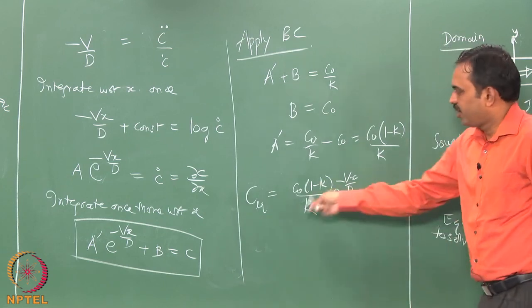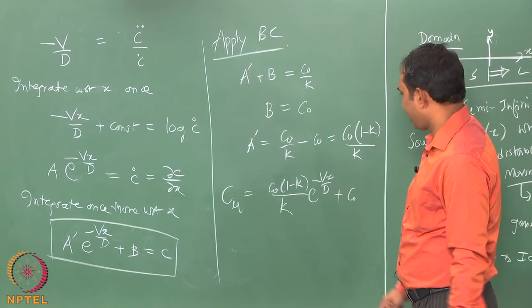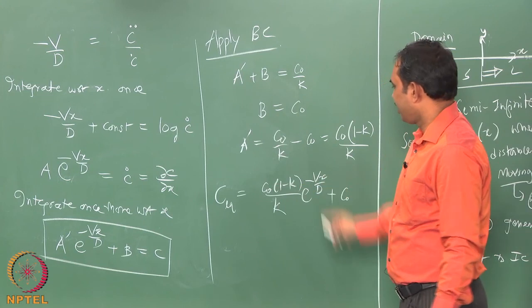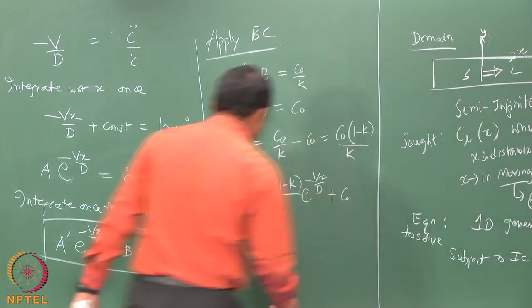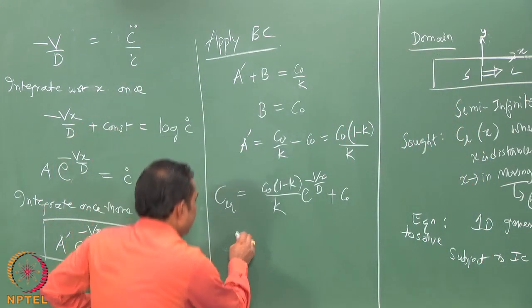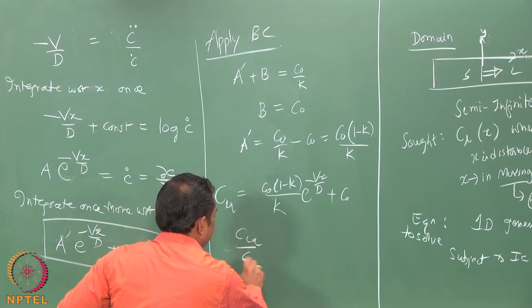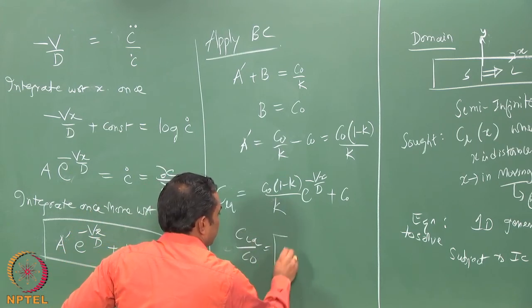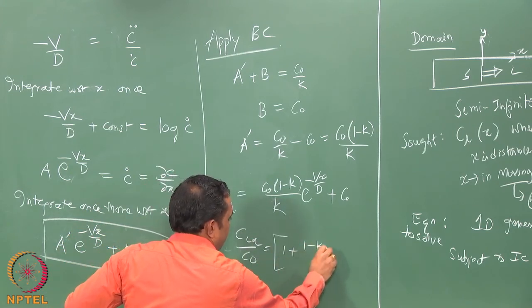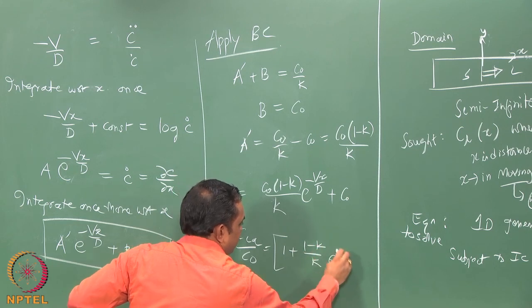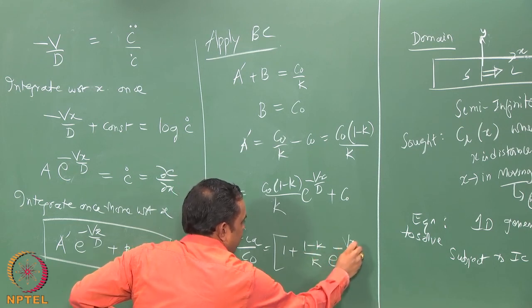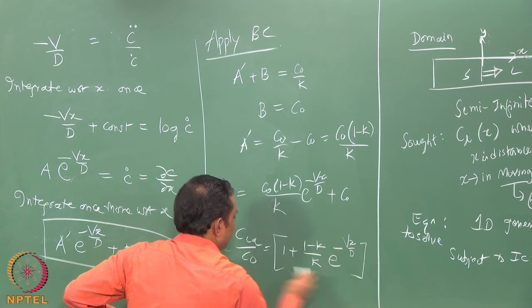Now, you can take c naught into the denominator on the left hand side, so that you can just look at it as a function, just a profile. So, you can see that c liquid by c naught is equal to 1 plus 1 minus k by k e raised to the power of minus v x by d.